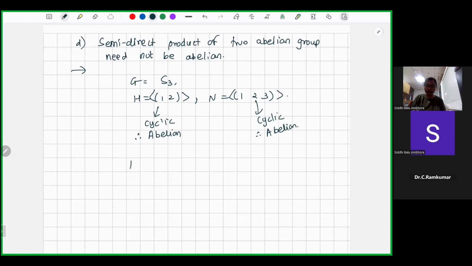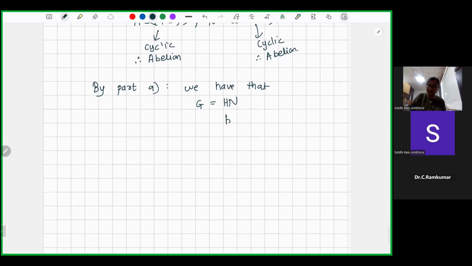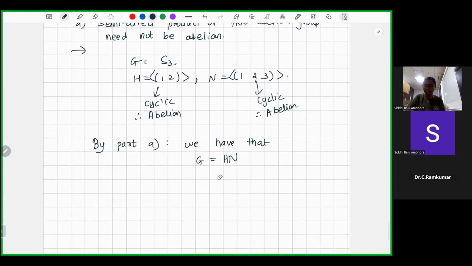But by part A, we have that G is the semi-direct product HN, and this is not cyclic and not abelian.